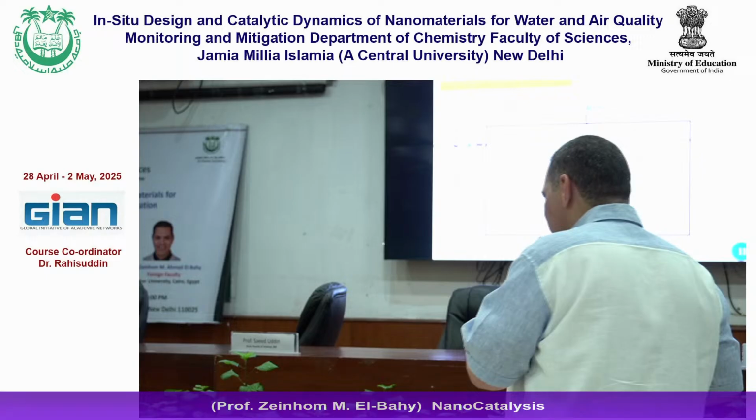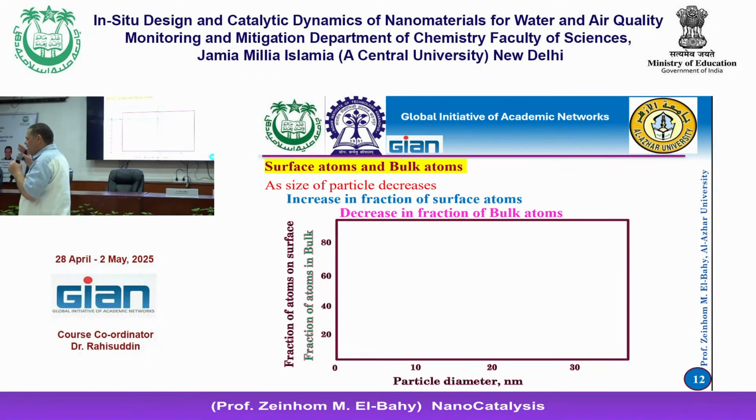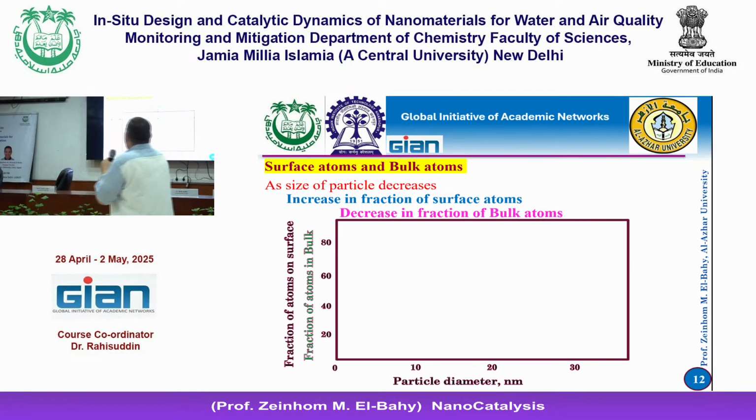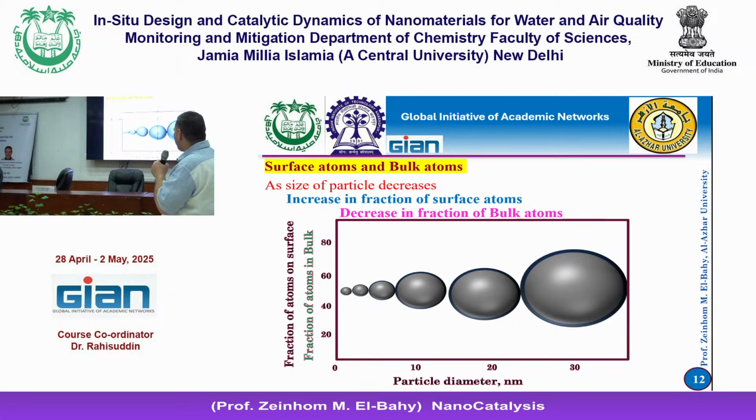Now, this is the main effect which causes all the changes made by reducing the particle size from bulk scale to nanoscale, which is the surface area to volume ratio. The surface area to volume ratio is very important. Where does it come from? It comes from the particle size.